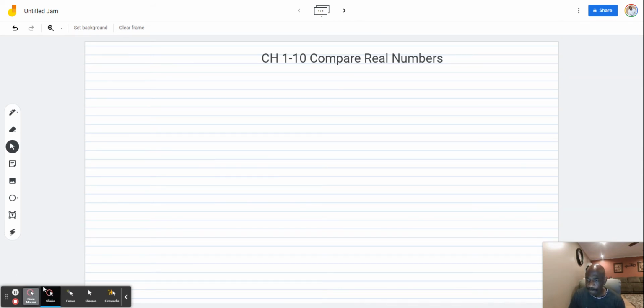All right, so rational numbers are, let me get my pen here so we can get this right. Rational numbers, these are numbers that are natural.